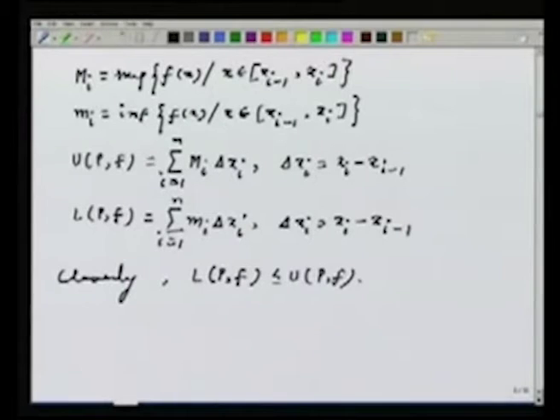It just means, if you notice, what is U(P,f)? It is just the sum of areas of the rectangles which superscribe the region under the curve, because each term capital Mi times delta xi is height times base. So it is the area of a rectangle, and then I am summing them up. So the partition actually gives me the bases of the rectangles which I am choosing, and then the Mi's give me the heights.